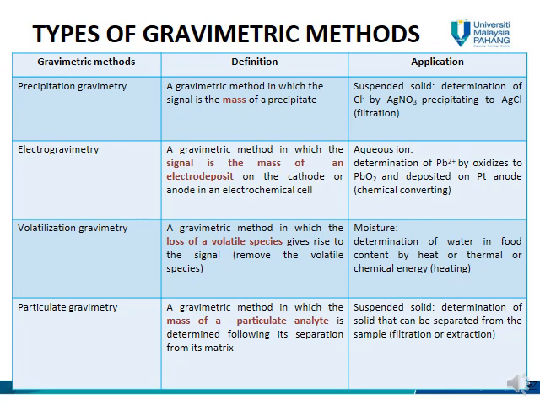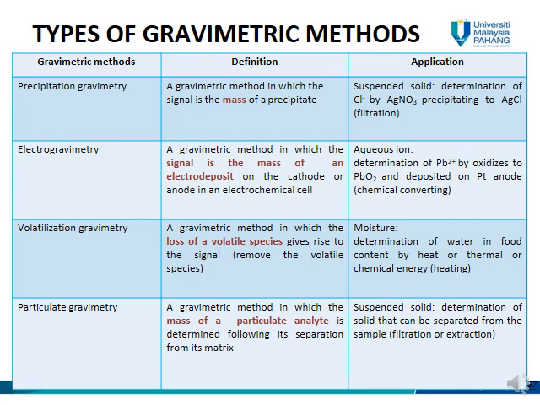And this shows that the mass will decrease, because as we know, when we do a volatilization process, the volatile species will leave the mixture. So then we can determine the mass changes. For example, to determine water in food contained by heat or thermal or chemical energy.